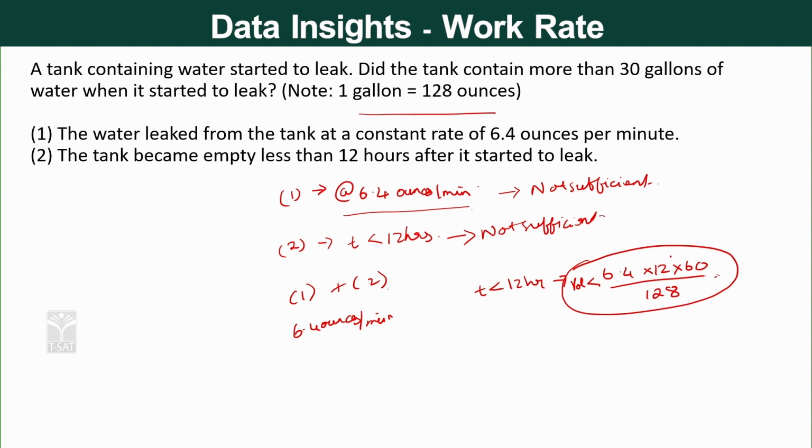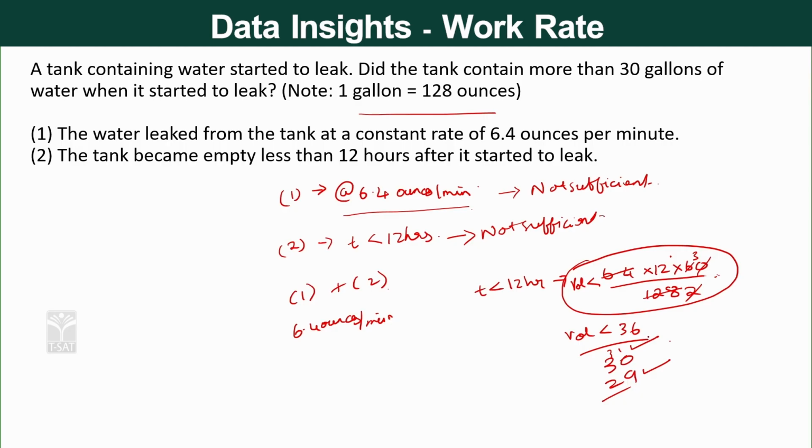So, we can cancel out the 0 and make 6.4 as 64, and 64 twos are 128, and 2 threes are 6. So, volume is less than 12 threes, which are 36. So, it can be 30, it can be 29, it can be 31 also. It can be either greater than 30 or less than 30.